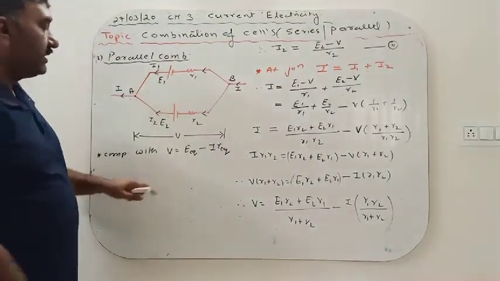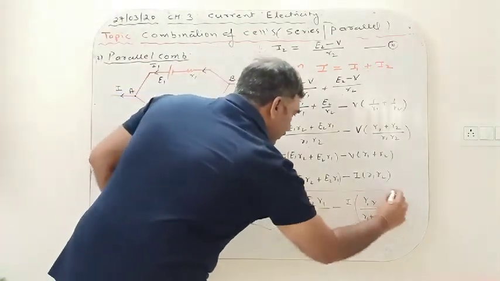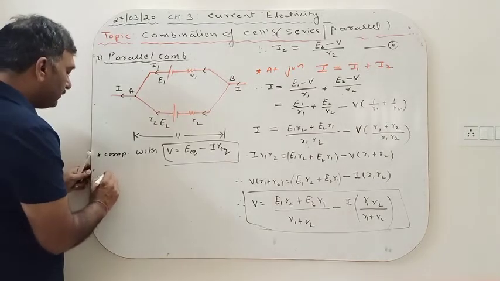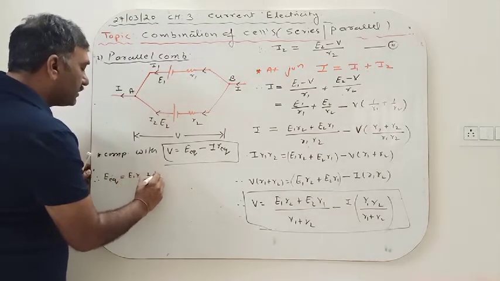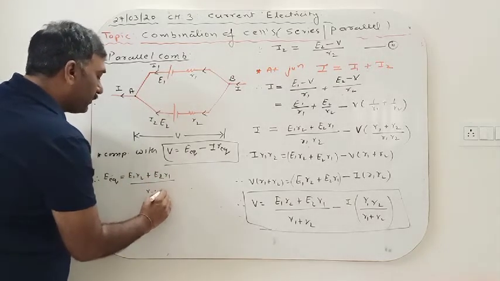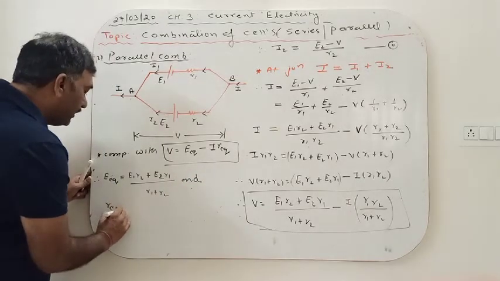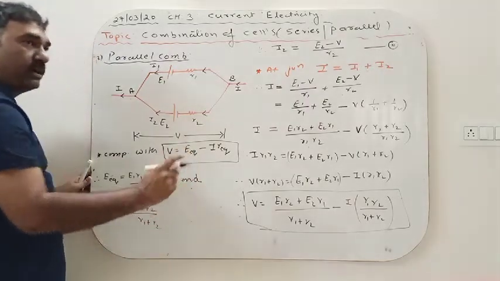So when you compare this equation and this equation, we can write that E equivalent is equal to E1 R2 plus E2 R1 divided by R1 plus R2, and R equivalent is equal to R1 R2 upon R1 plus R2.